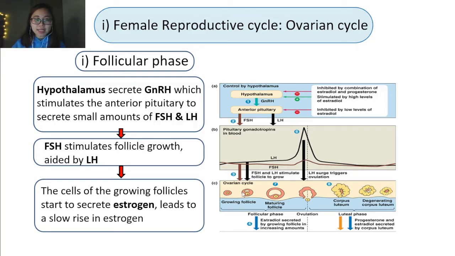Jenis yang dihasilkan oleh follicle adalah estradiol. Tapi masa kamu explain sama orang ataupun masa kamu buat esei, kamu guna mana-mana satu pun boleh. Mungkin lebih mudah untuk kamu guna perkataan estrogen sebab dia macam lebih umum. Okay? Alright, so as the follicles grow, they secrete estrogen.